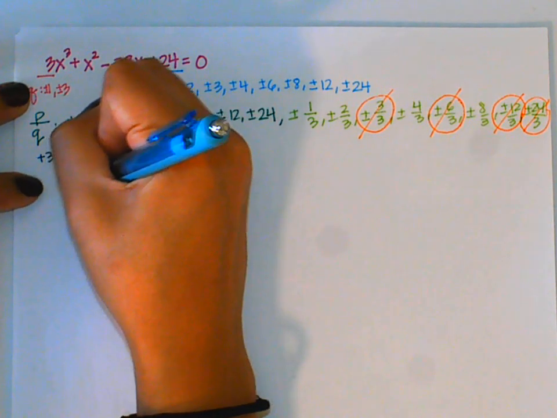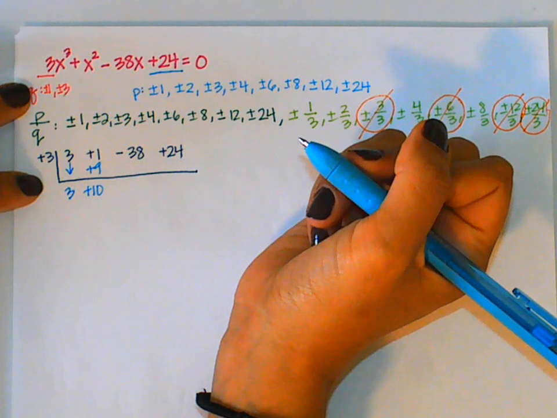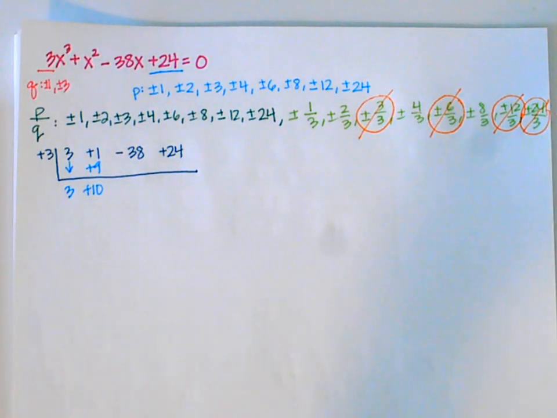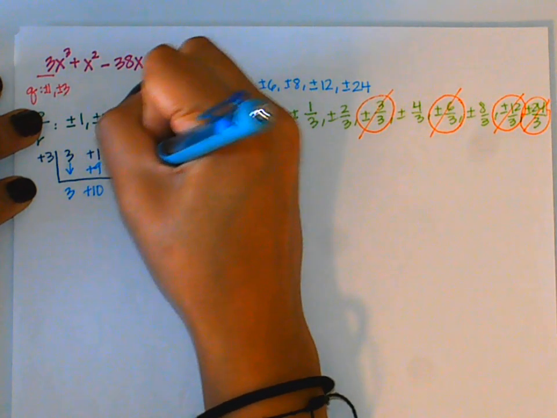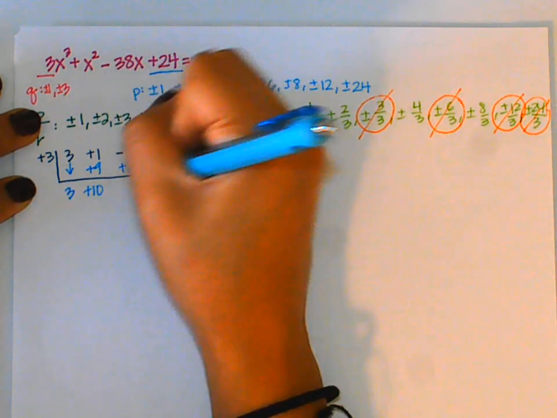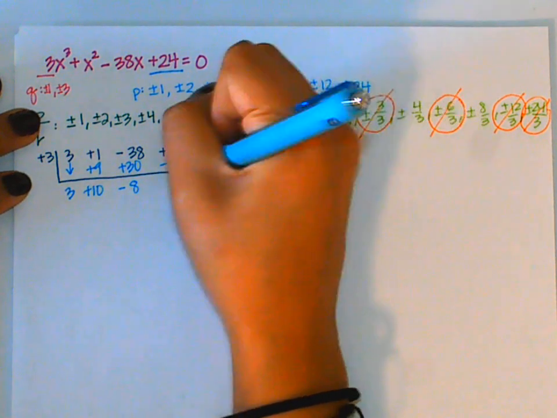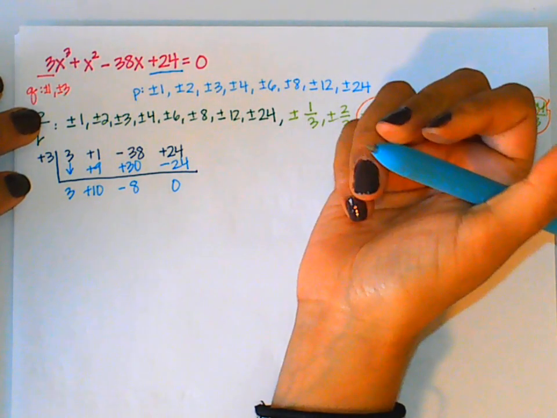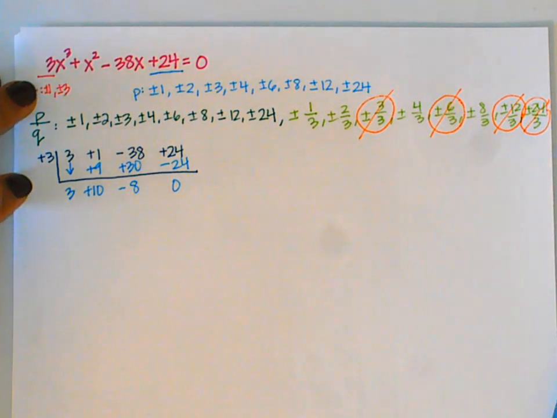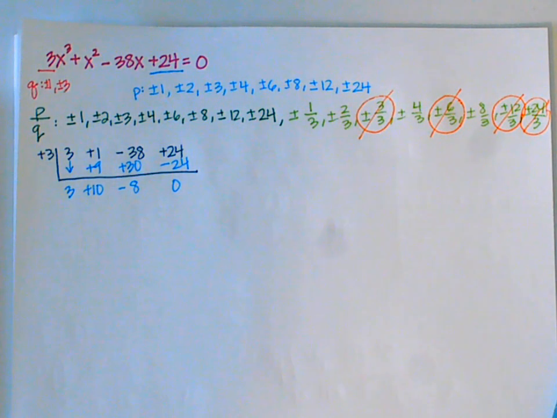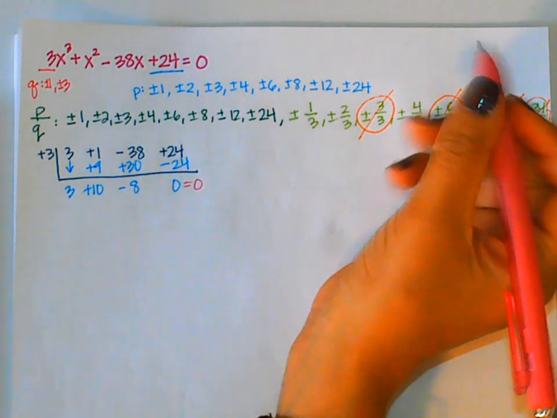So that's 3, 9, 10. Hey, look, we got lucky. Since this remainder is equal to 0, honestly, I wanted the first one not to work.